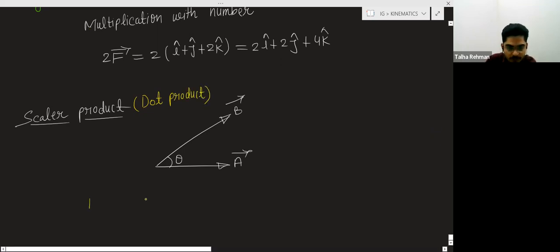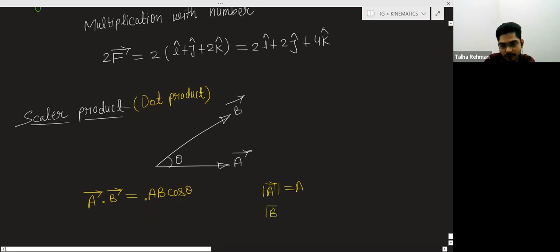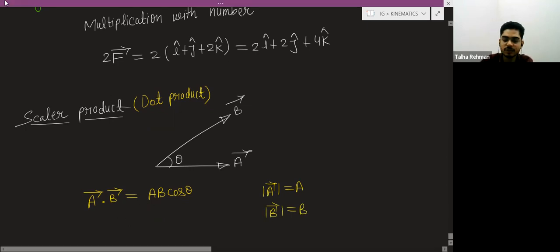So dot product means you will write A vector dot B vector, and this dot product of the vectors is given by the magnitude of A vector, the magnitude of B vector, and cos theta. What is the meaning of the magnitude of A vector? We write it like this, magnitude of B, so AB cos theta.